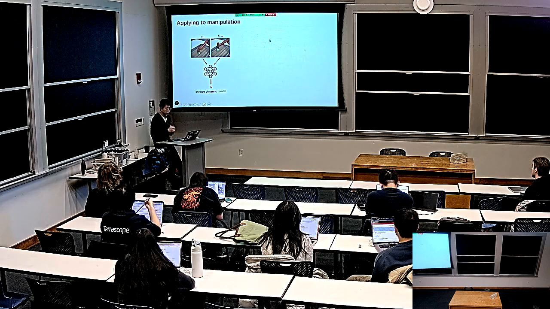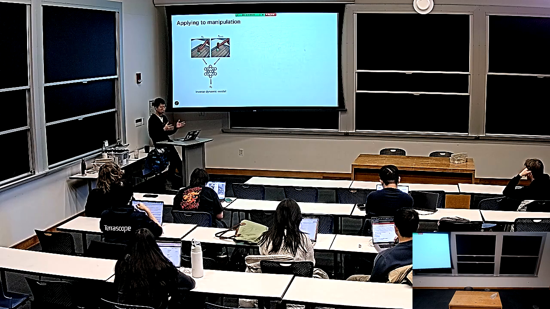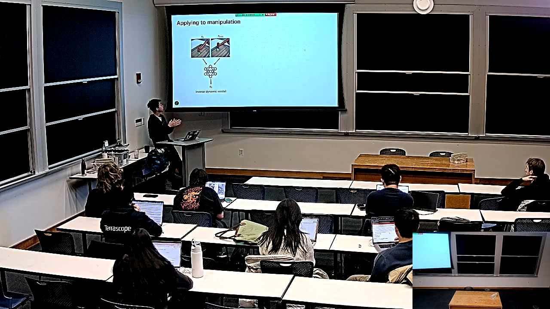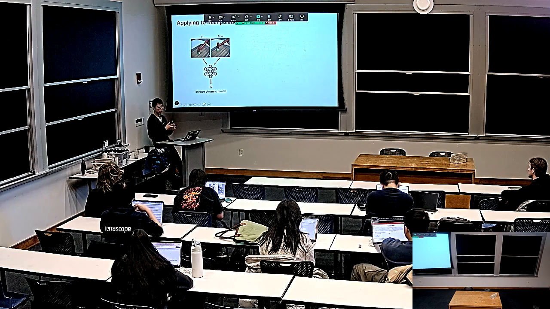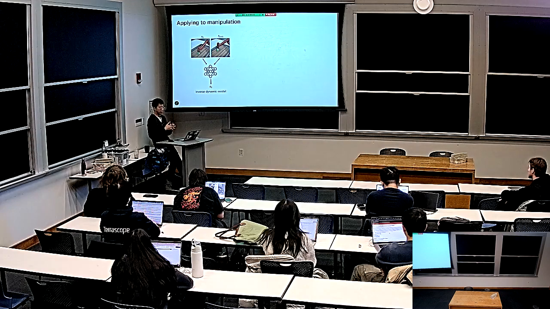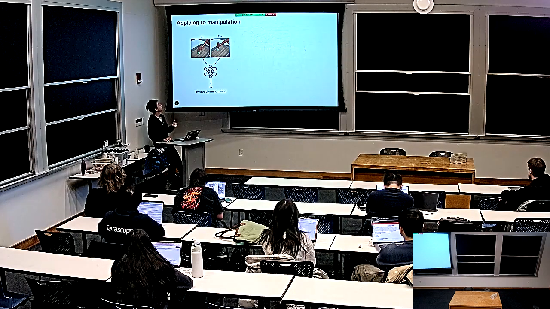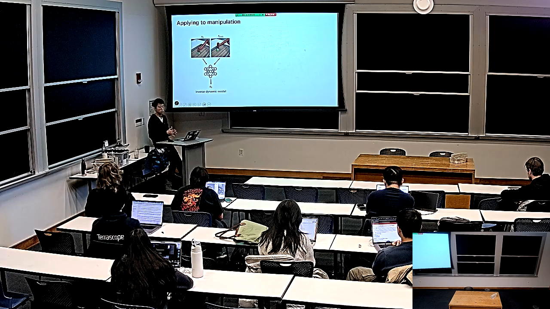In order to get that, there are two ways. One way is to learn an inverse dynamic model. The idea is we still need a robot dataset, probably collected by teleoperation. Then we train a network that takes two observations, in two time steps, and is trained to predict an action that allows the robot to transfer from the first state to the second state, from the first image to the second image.